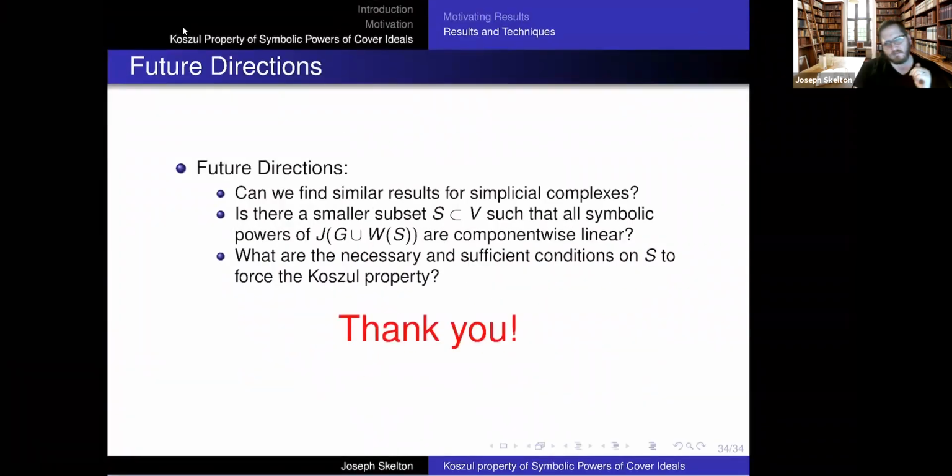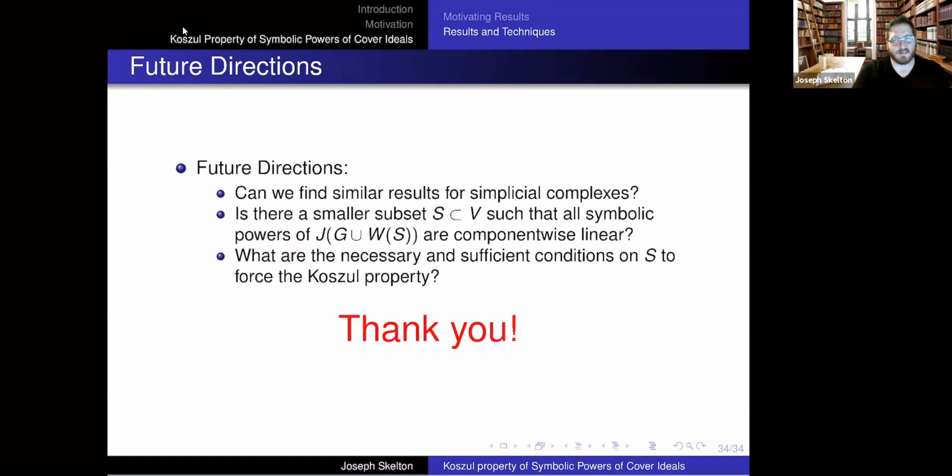So in the future directions, can we get similar results for simplicial complexes? There's, I believe, Bierman, Francisco, Ha, and Van Tuyl, if I remember the paper correctly, who gave conditions for a simplicial complex where you get vertex decomposability, and it relates to the graph.